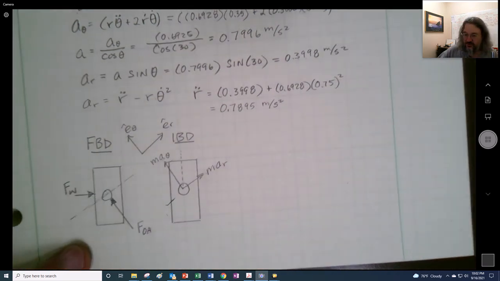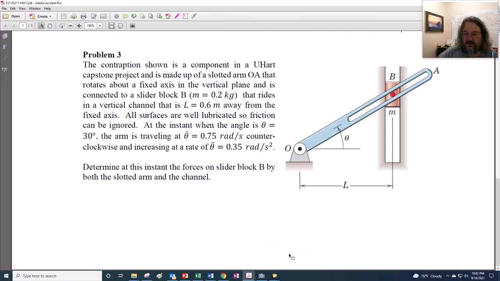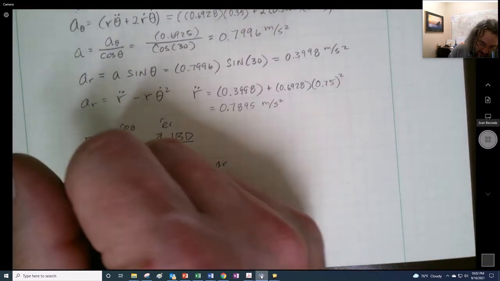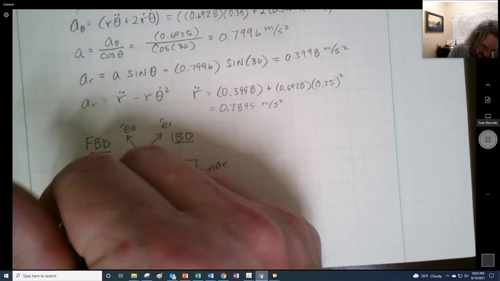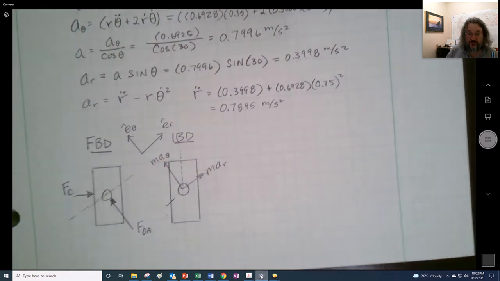What did I call in the original problem? What did I say as the thing that's in here? Right. I said determine the forces on the slide by both the slotted arm and the channel. I guess I'll call it channel. So the channel acting on this piece, so C. That's good enough.